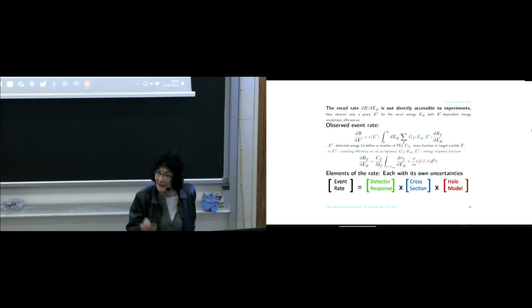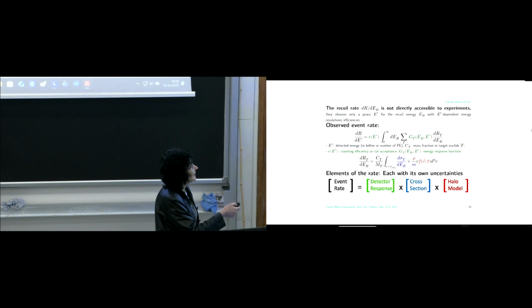Namely, some signal in the detector produced by the recoil. But always there is some uncertainty, and you have to understand your resolution function, the energy resolution function that comes from your detector.